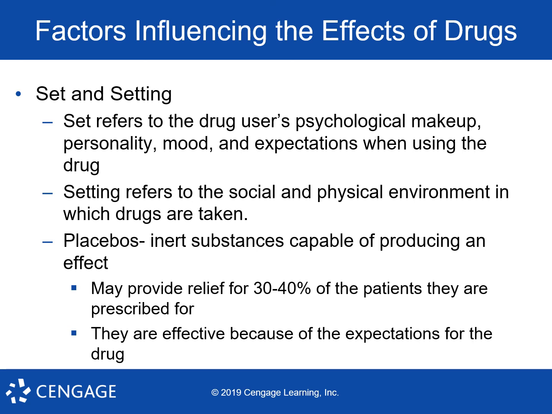Placebos are inert substances capable of producing an effect. And I find this actually kind of interesting. They may provide relief for 30 to 40% of the patients they are prescribed for. So take, for example, when the investigation of a new type of drug is being looked at.